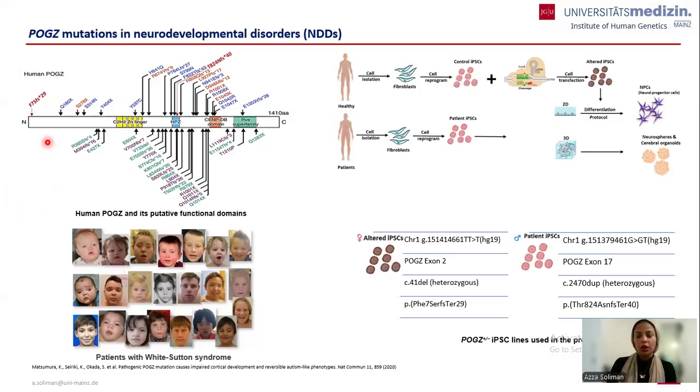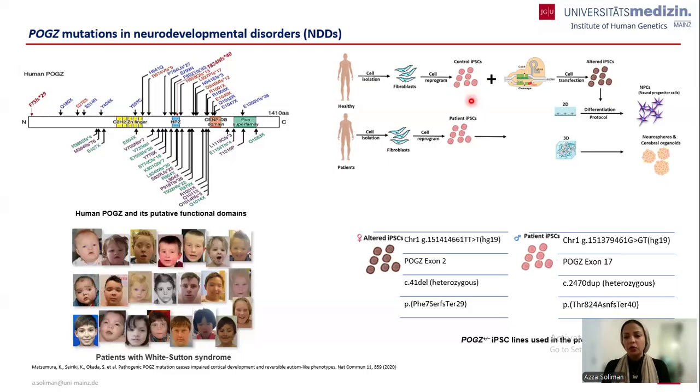In our lab, we mainly work using iPSCs, or induced pluripotent stem cells. We start with a healthy donor where we isolate fibroblasts, a specific skin cell type, and we reprogram those fibroblasts into iPSCs.